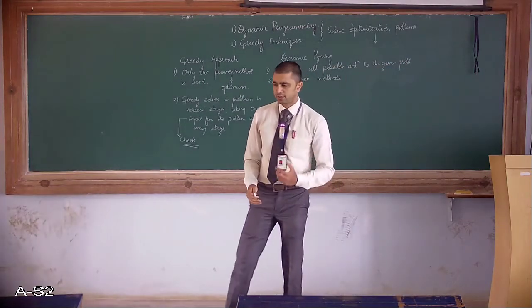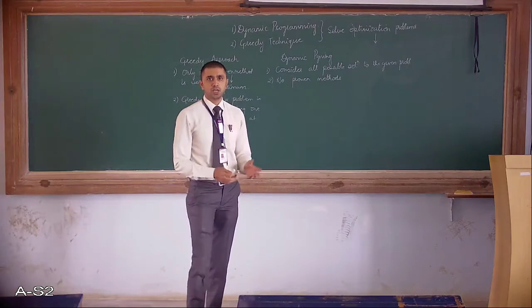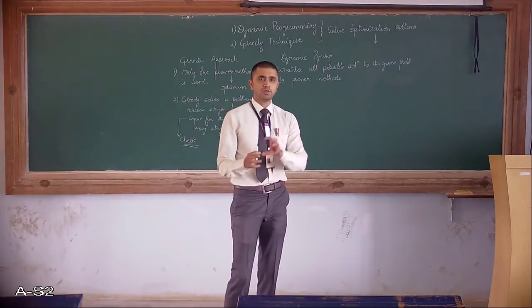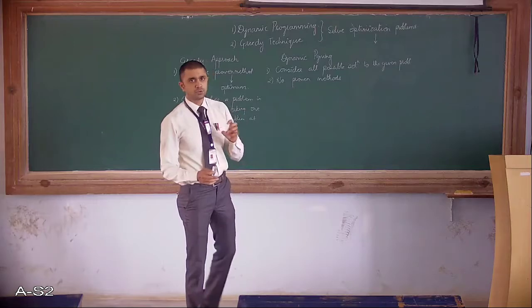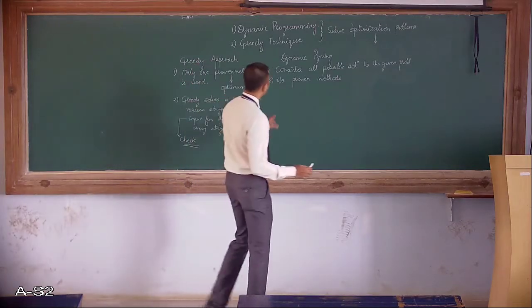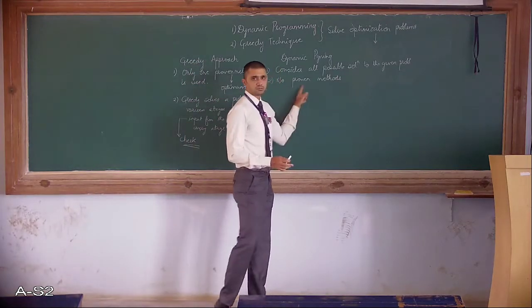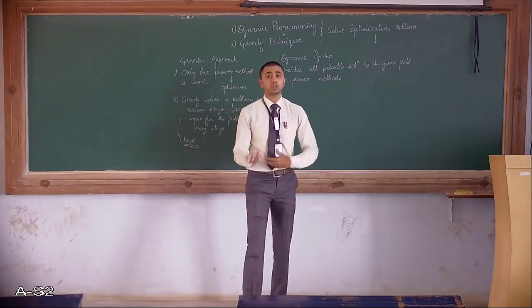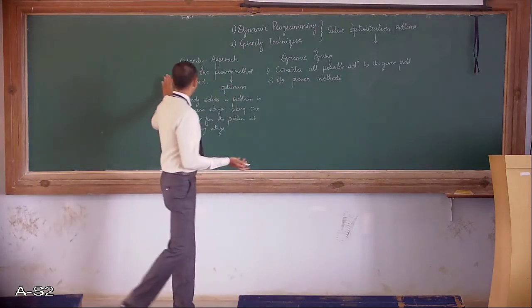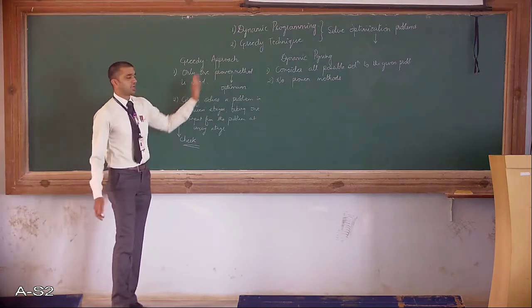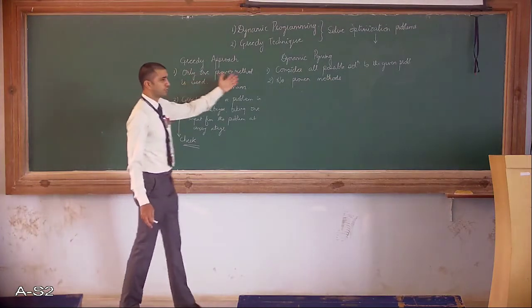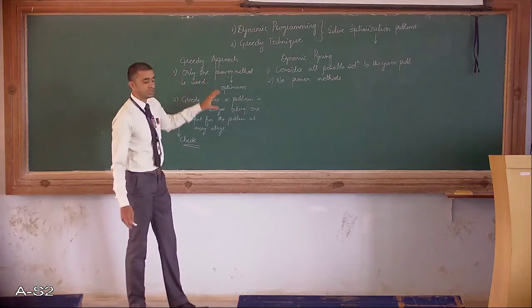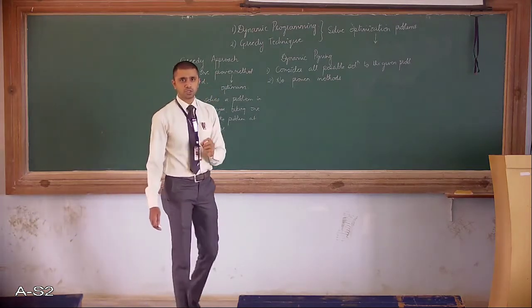Like we have seen in Warshall's and Floyd's, we have considered all the possible solutions and chosen the optimal solution out of all of them. There are no proven methods in dynamic programming, so we have to consider all the possibilities. In greedy approach, there are proven methods. There may be one proven method or n proven methods, and using those, we derive the optimum solution to the given problem.